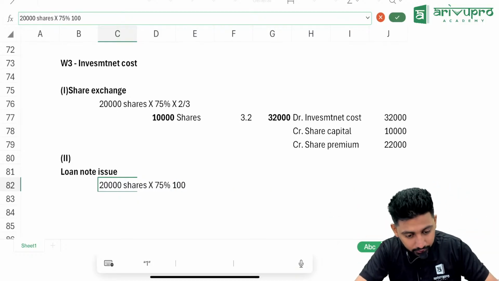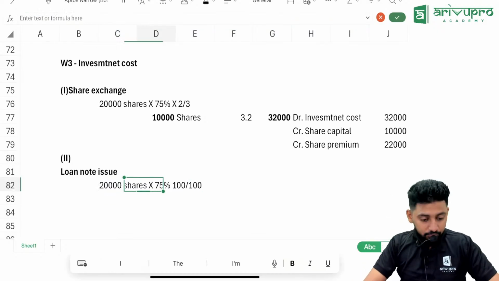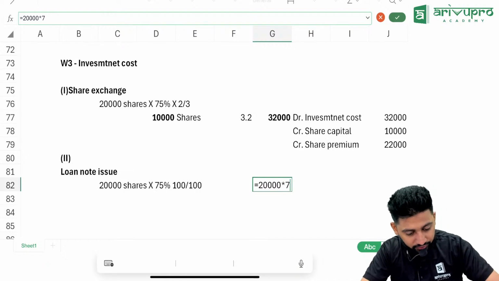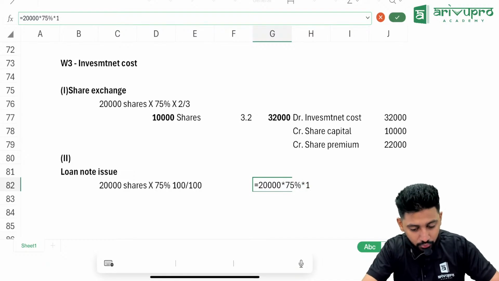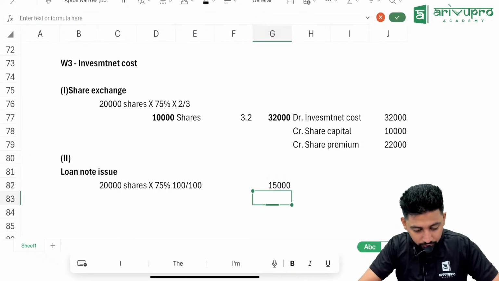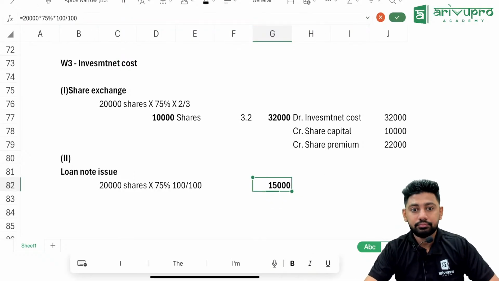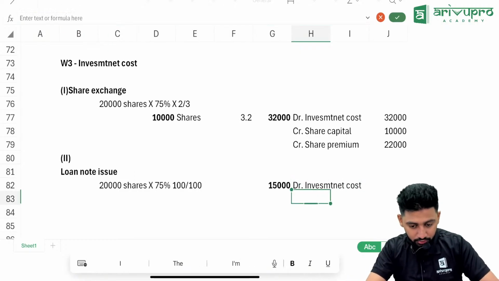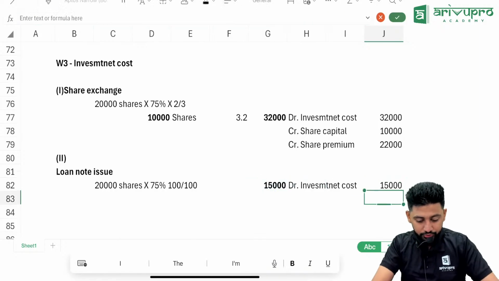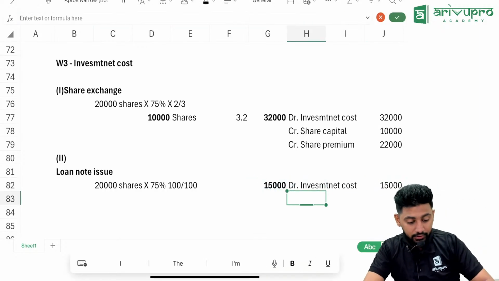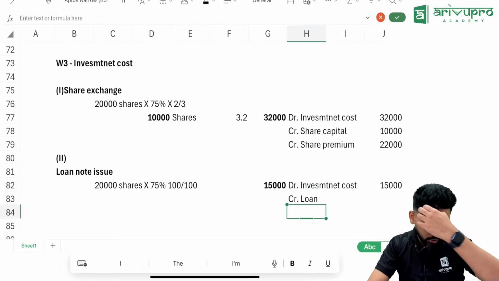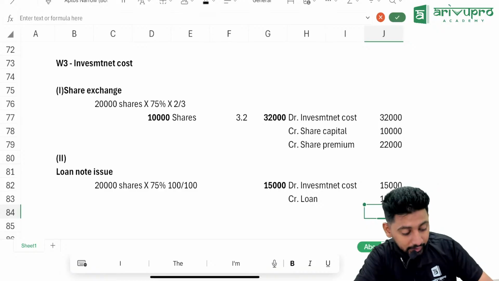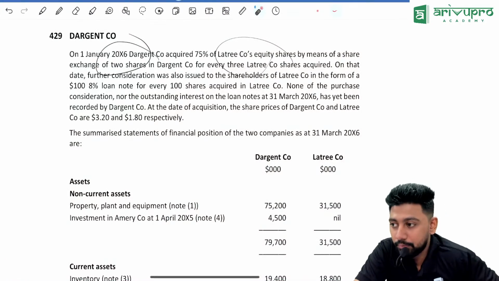So 20,000 into 75% into 100 over 100 should give you 15,000. Once again, you are investing, debit investment cost 15,000, and you have a loan to pay, credit loan note, 15,000. Are we clear?